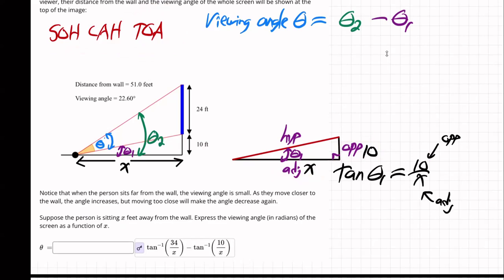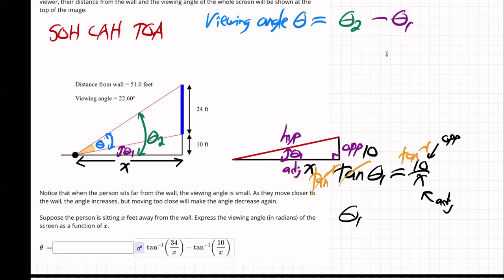Tangent is opposite over adjacent. Okay, now what are we trying to solve for? We're trying to solve for theta 1. How do you get theta 1 alone there? You do inverse tangent of both sides. That's what gets that alone.